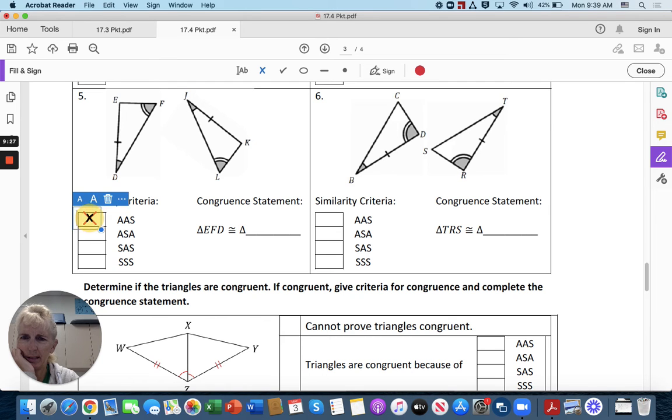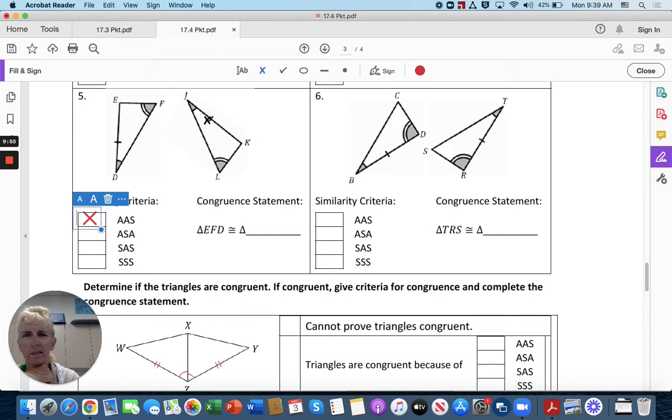We could say that. Angle, side, angle: so we have angle, this side, but we don't know about this angle. So angle, not the side in between. Side, angle, side: nope. We could go side, angle, but that side we don't know. Side, side, side: no.